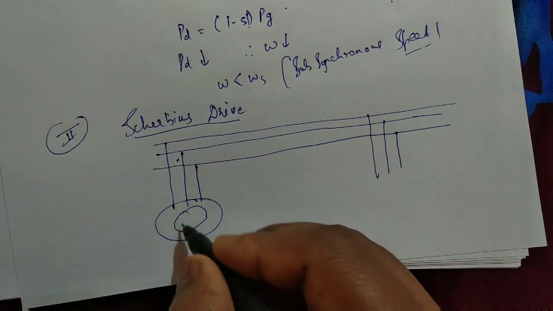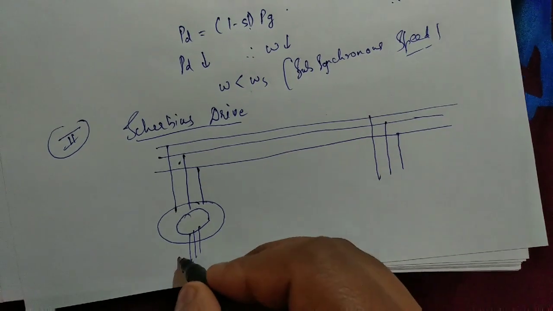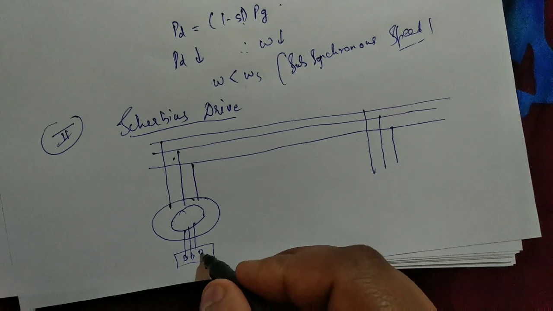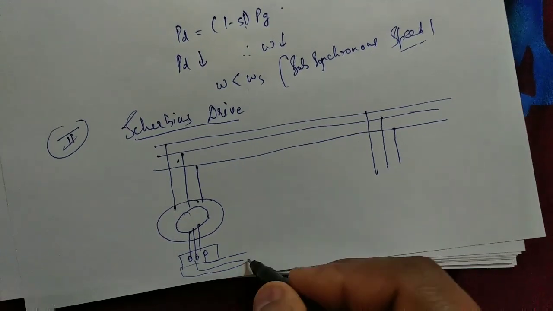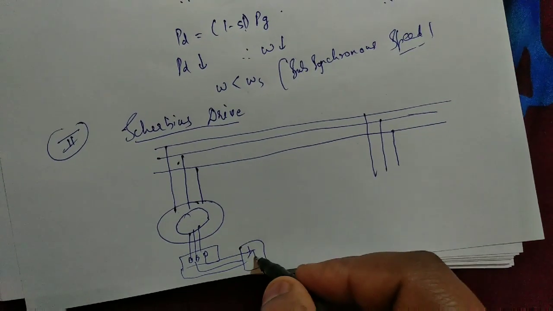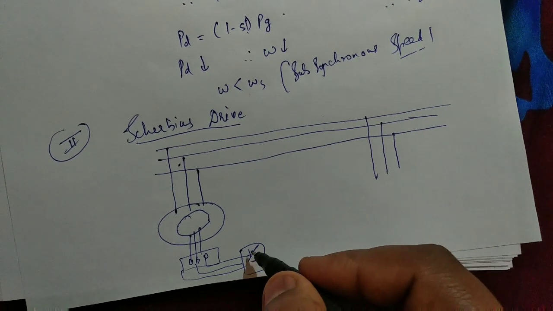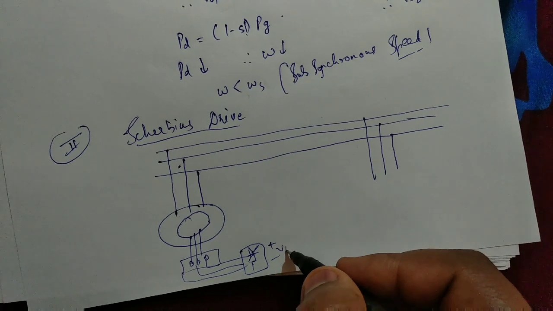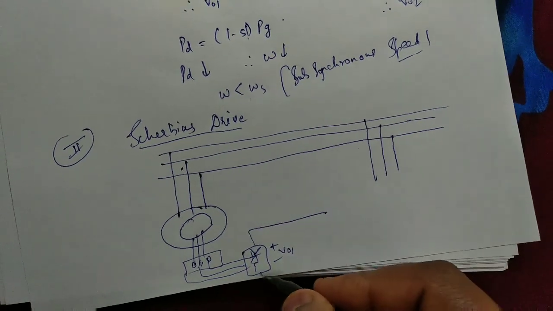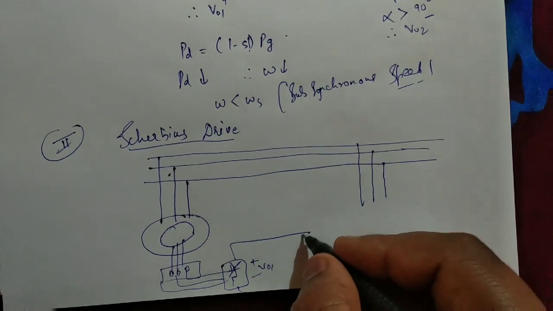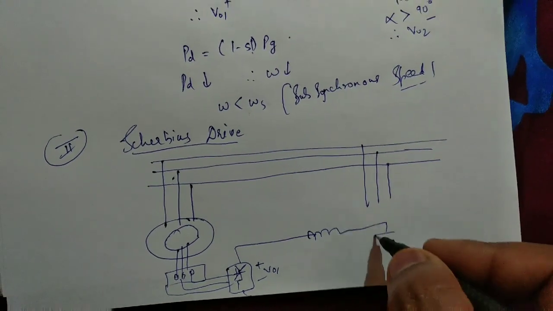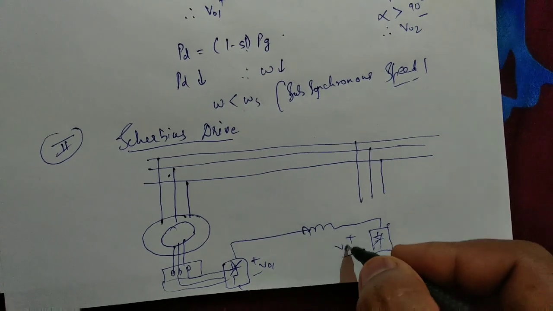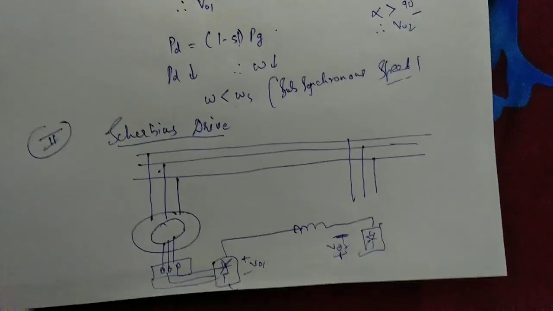This is the induction motor, this is the rotor, slip ring, and a full wave converter. Here the voltage is VO1, a smoothing reactor, and in opposite polarity VO2.